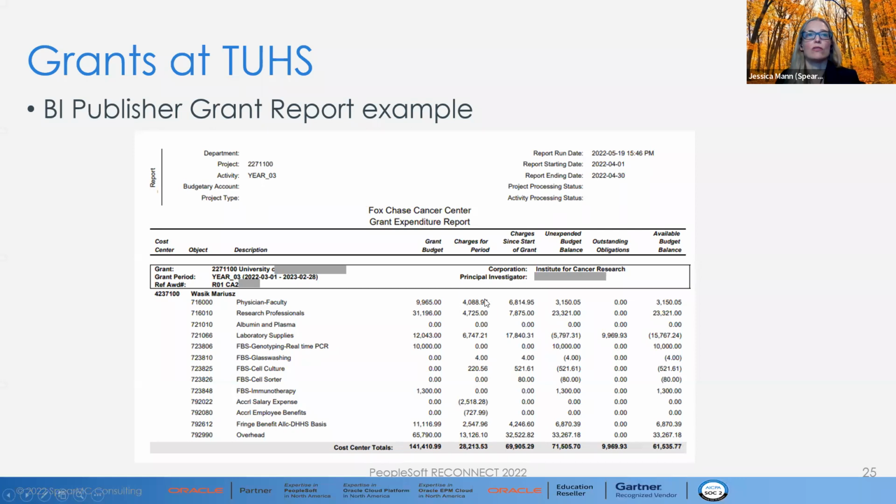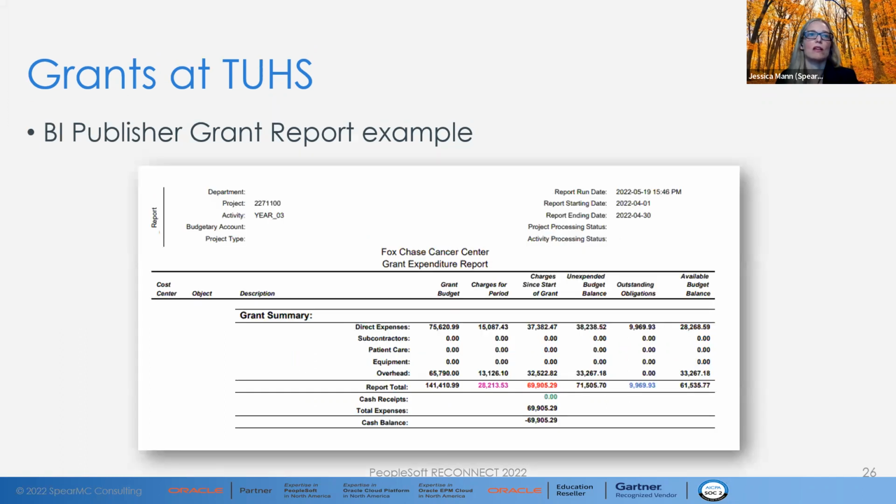So we see not only our detailed expenditures for the period that you ran the report for, but also inception to date. And then our balance before encumbrances. Here are our encumbrances, and then your final calculation of available budget balance. That is displayed both at the detailed account level, and here is where we can also see it at a more summarized level.